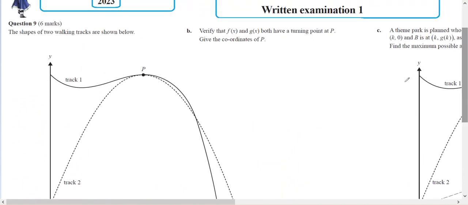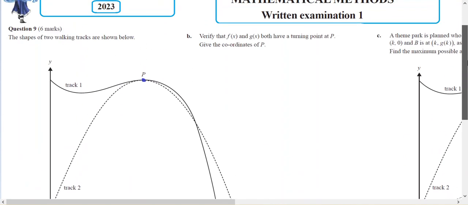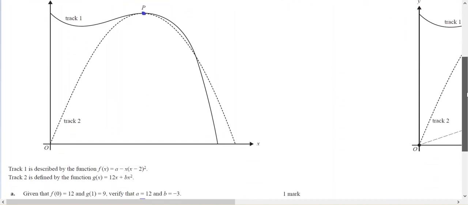Part B is also a verification, and that point P is a turning point for both. Turning points will happen when the derivatives are equal to 0.